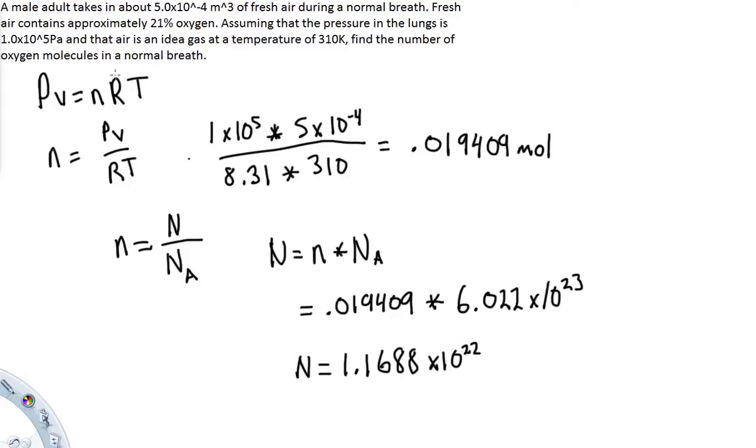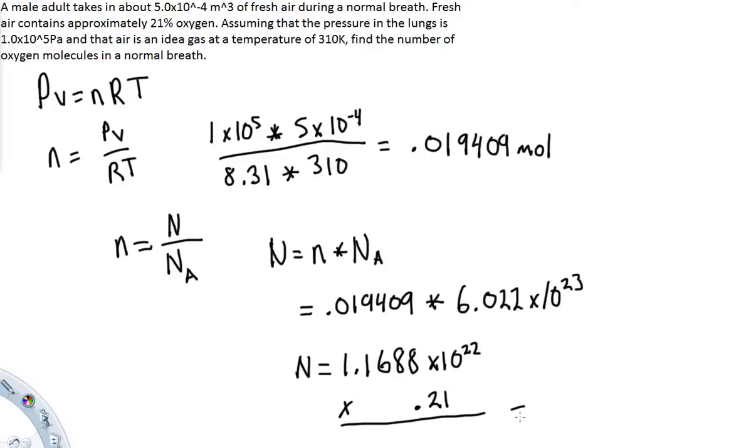But if you read the question, it says the air contains approximately 21% oxygen. So to figure out the number of oxygen particles that we have, we are going to multiply that by 0.21.